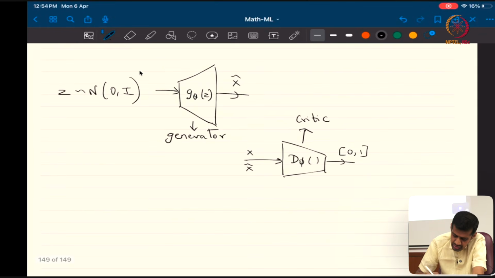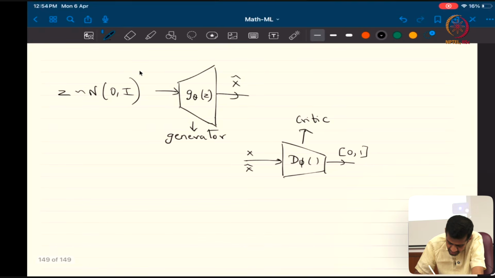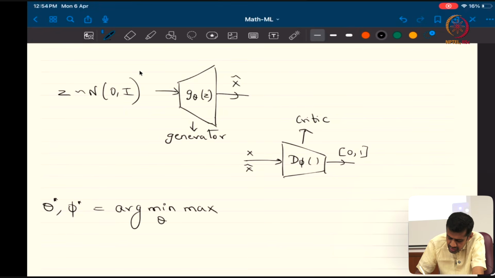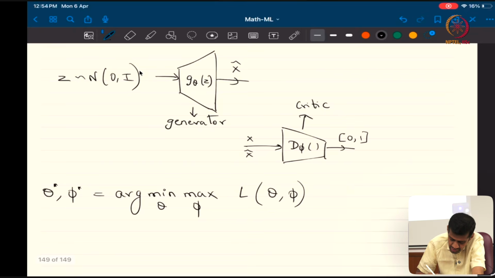Okay. So let us write down the loss function. What we want is, we are seeking theta star and phi star that would minimize and maximize this particular loss function simultaneously, or alternatingly. It is a saddle point problem that we are solving.